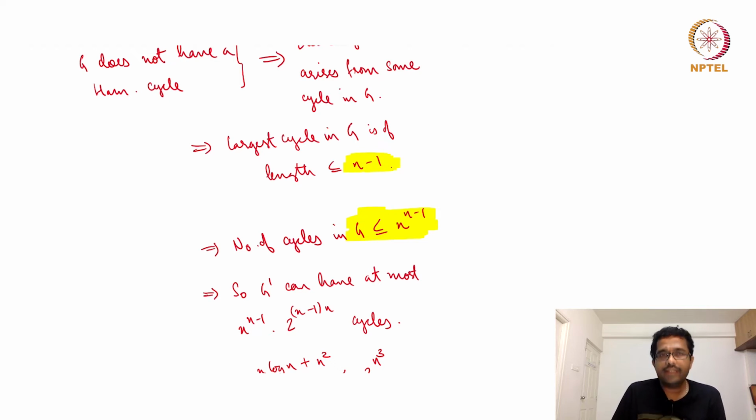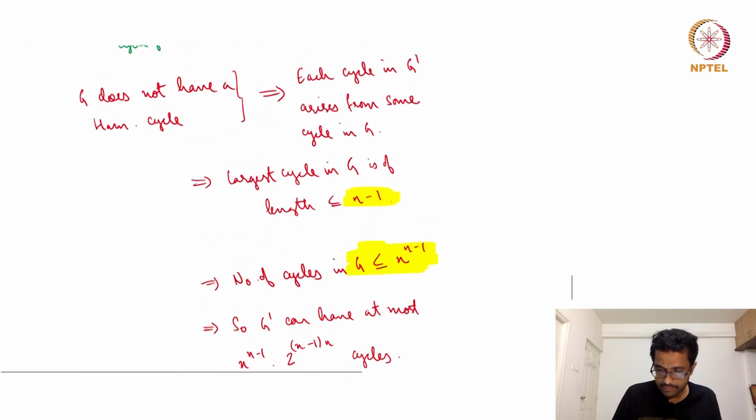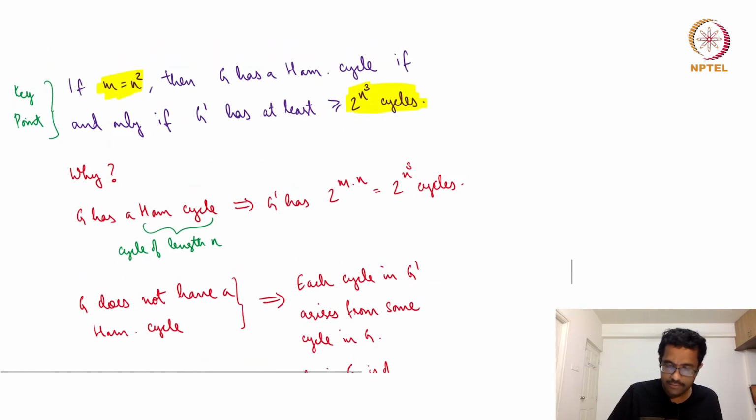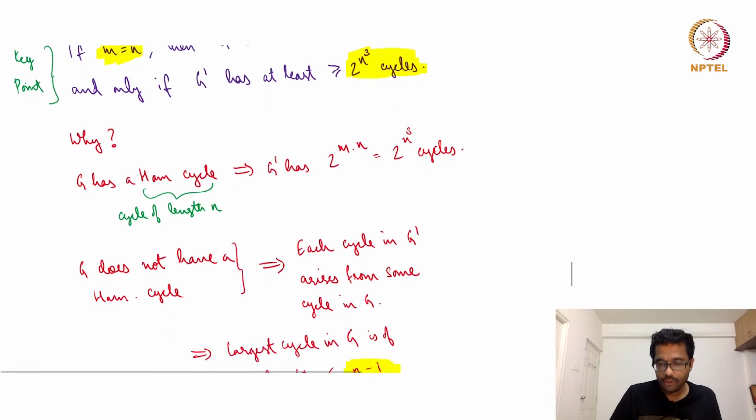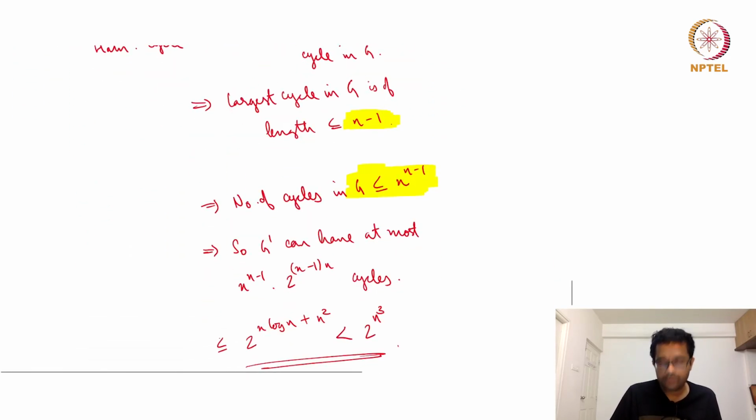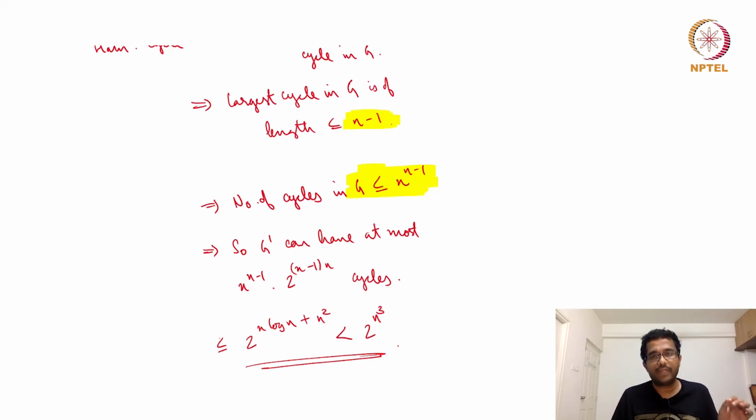And we know that each cycle of length k corresponds to 2 power mk cycles in G prime.